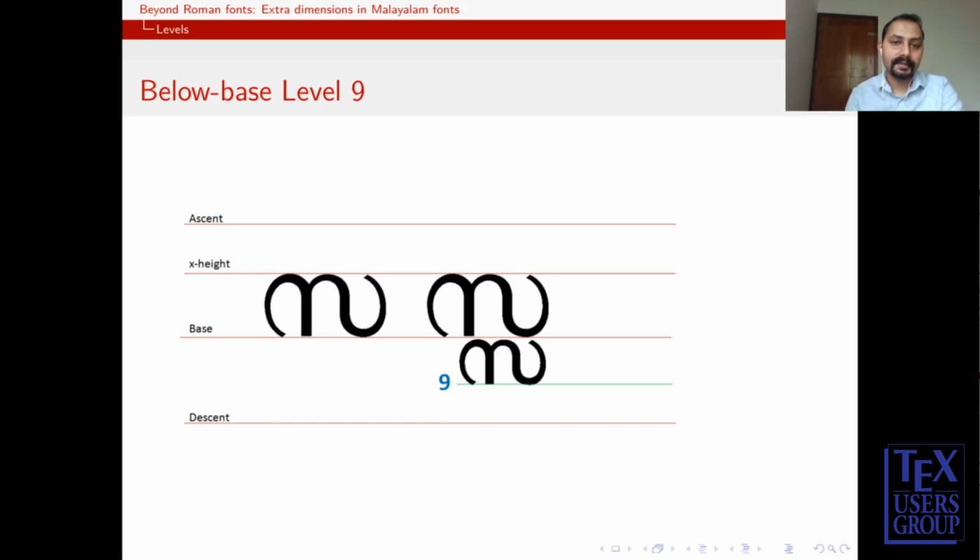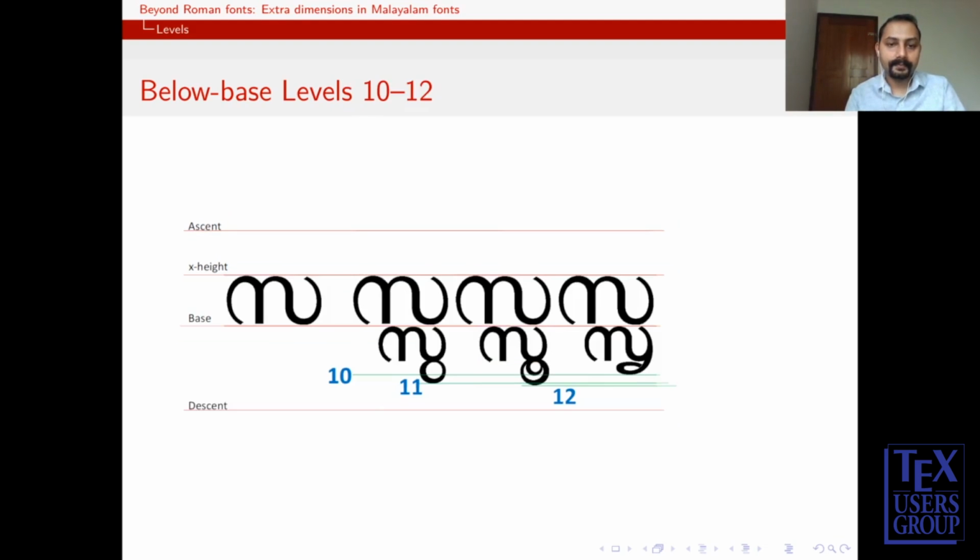It's pronounced as sa with a double S. So that takes a bit more space than previous levels. Levels 10 to 12 are a vowel combination of the previous conjunct that we have seen, sa. So sa, su, su and str all take different levels, levels 10 to 12.